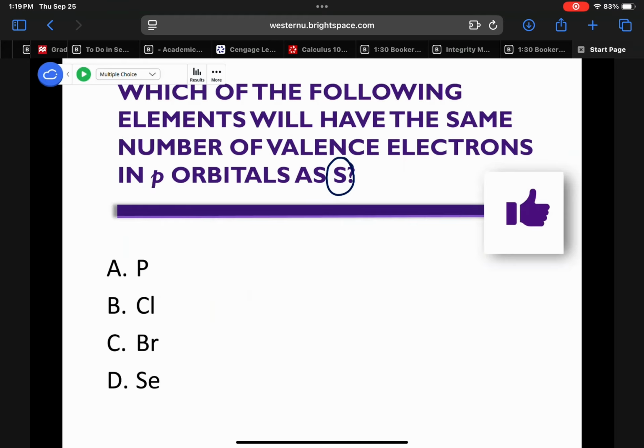Okay, and so by show of hands, who says that it is A, B, C, D? And most people went for D, and I'm hoping that's correct.